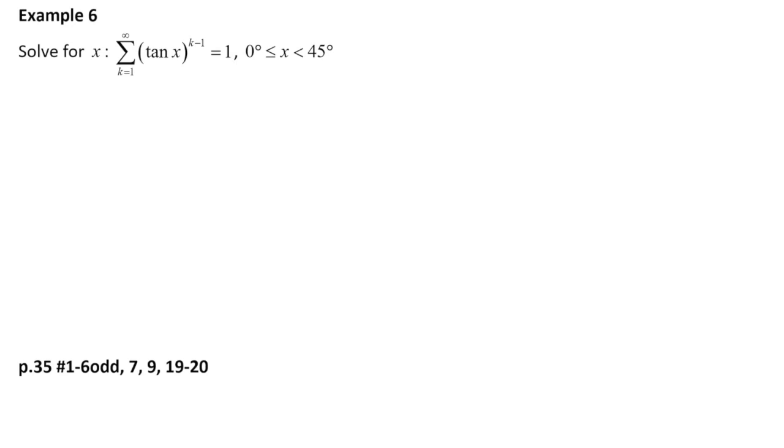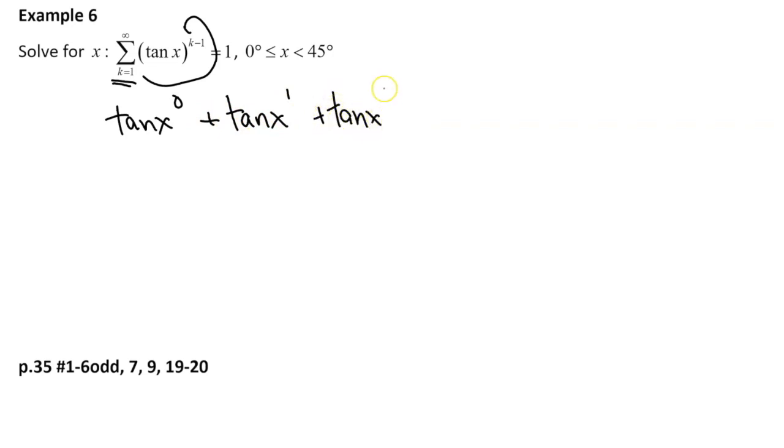If we take values for k and put them in here, then our first few terms would say this. If I put in a 1 for k, then I'd have tan x to the power of 0, followed by tan x to the power of 1, tan x to the power of 2, and so on.